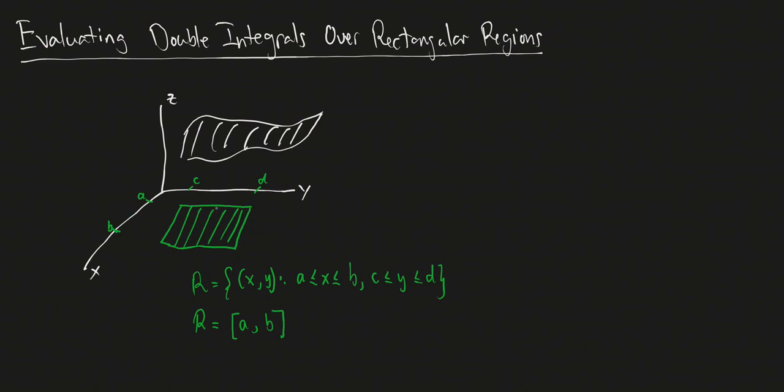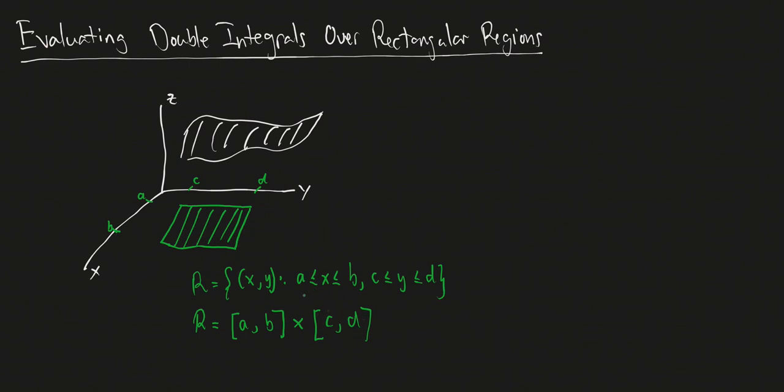Notice I use the solid lines all the way around for these boundaries. So you take the interval [a, b] and do a Cartesian product with the other interval [c, d]. The x interval is always given first, and then the y interval is always given second.